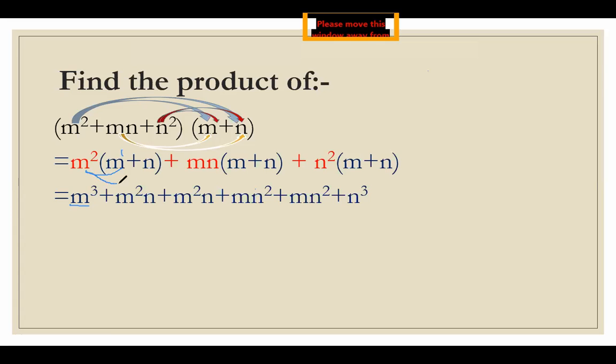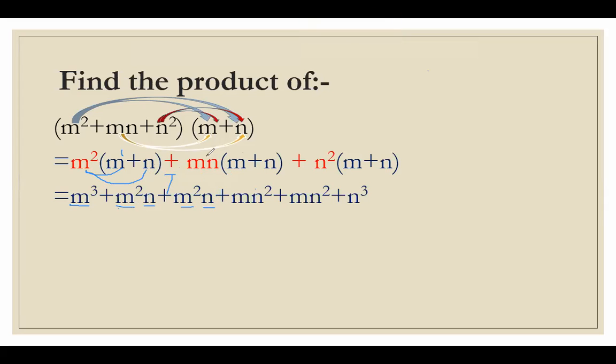Now m square is going to be multiplied with this n. Variables are different, so it will be written as it is. So we get plus m square n. Now copy down the plus sign here. Then mn is going to be multiplied with this m. Here m and m is same, so m into m is m square and n is written as it is.